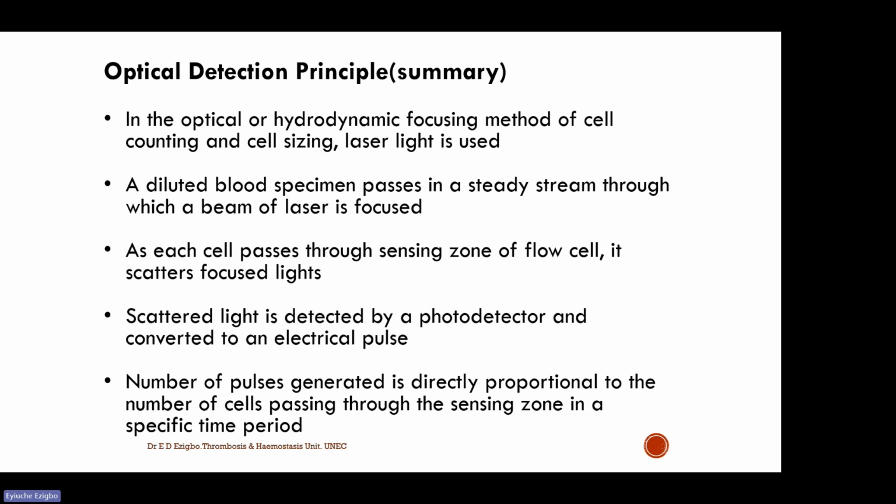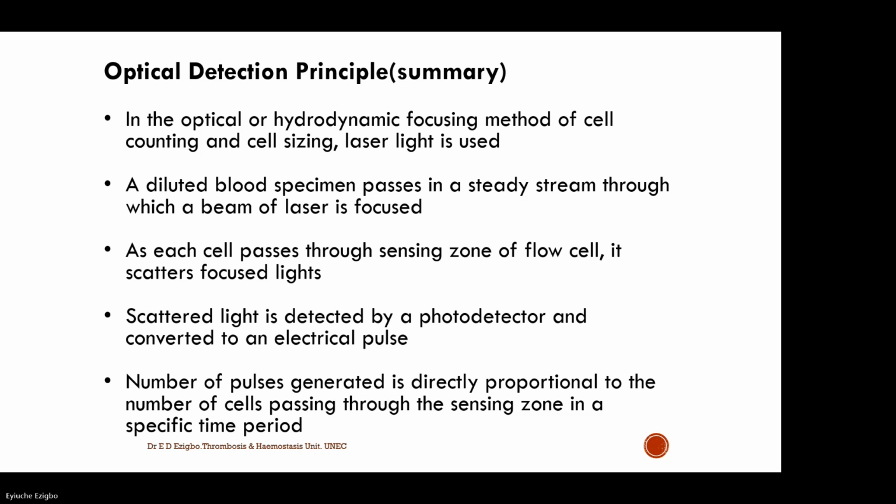As each cell passes through the sensing zone of the flow cell, it scatters the focused light. Scattered light is detected by a photodetector and converted to an electrical pulse. The number of pulses generated is directly proportional to the number of cells passing through the sensing zone in a specific time.